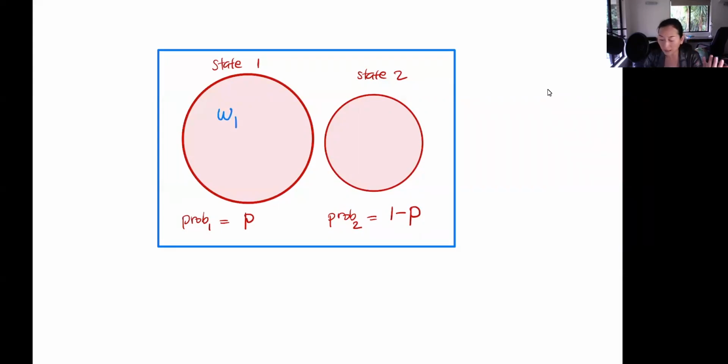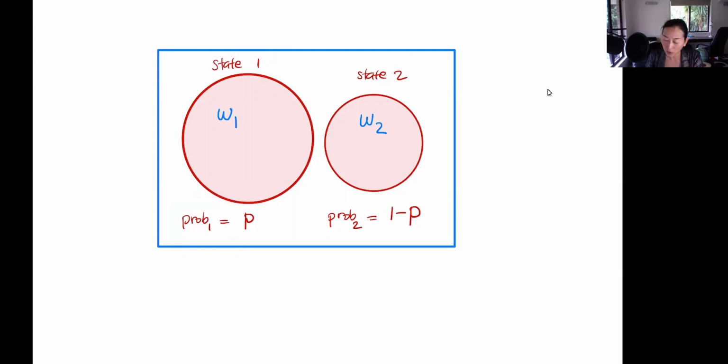And if instead we end up with state 2, which occurs with probability 1 minus p, what would happen to the wealth in state 2? If state 1 happens, this is going to be the outcome, the wealth associated with this event, with probability p.